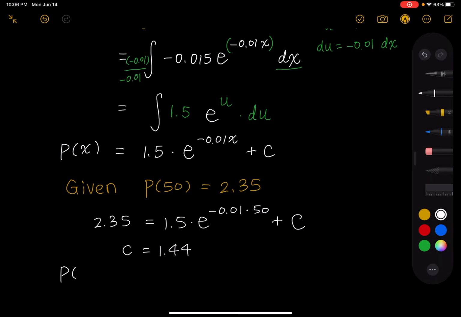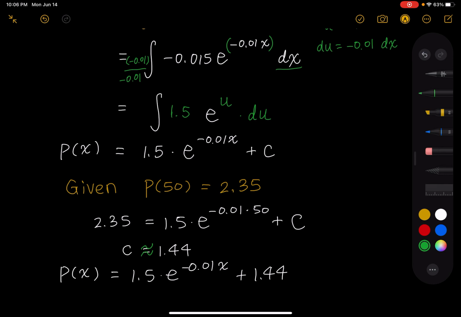So P of x will equal 1.5 times e to the negative 0.01x plus 1.44. Now make sure you understand why we do 1.44, okay? It's a price. So we usually round it to 2 decimals, okay?